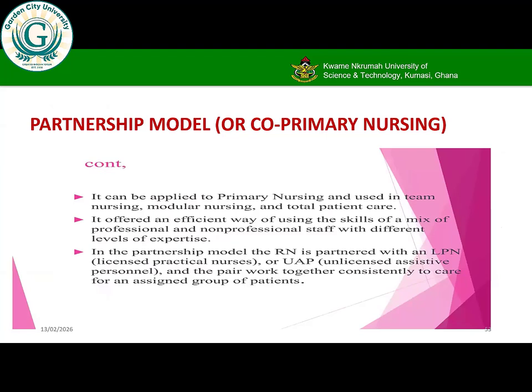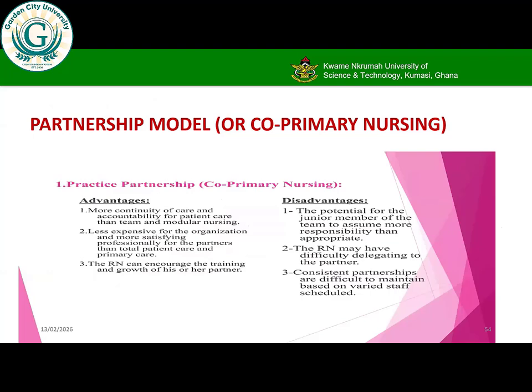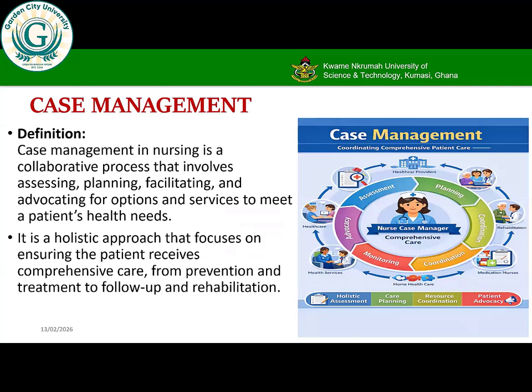Then we have the practice, that is the co-primary. Then we have the case method. Case method. What is it? The case method in nursing is what? This is also collaborative. So we have a nurse case manager who has comprehensive care of the patients.